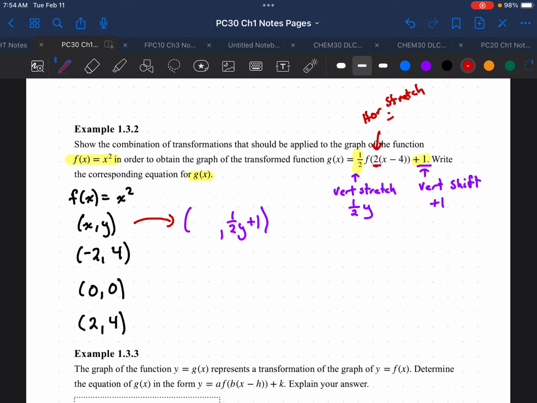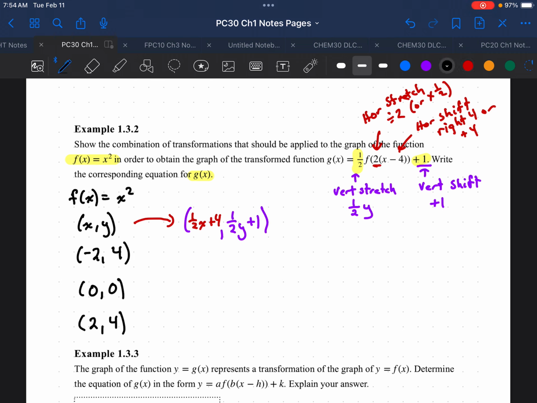We're going to divide by 2, which is the same as times by 1/2. Same thing, this is a horizontal shift, and we do the opposite. Negative means right 4, or +4. So for our x values, we are going to do 1/2 of x, or x divided by 2, plus 4. So there is going to be our transformation mapping.